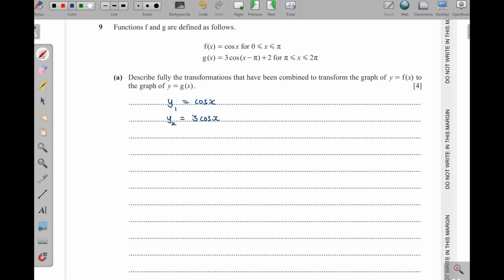Now, since this function has been multiplied by 3, this one will be a stretch. A stretch by factor 3, parallel to the y axis. Okay? That is 1. Then we continue.